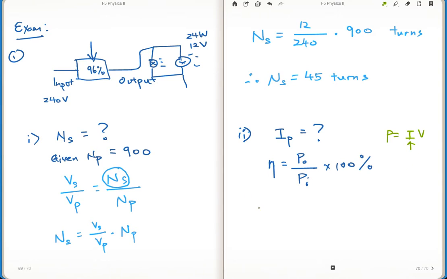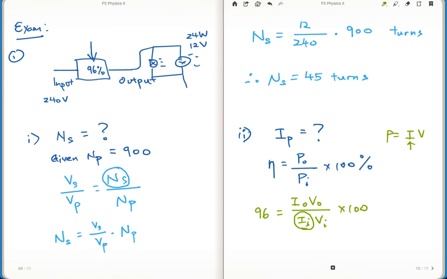So therefore 96 equals I output, V output over I input, V input, times 100%. I need to know what is the primary, so what is the input.